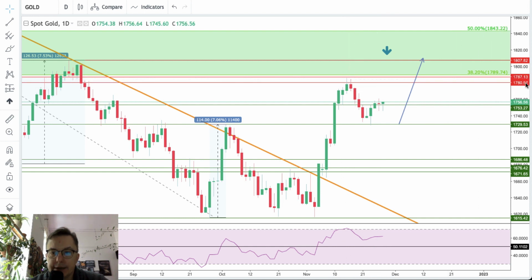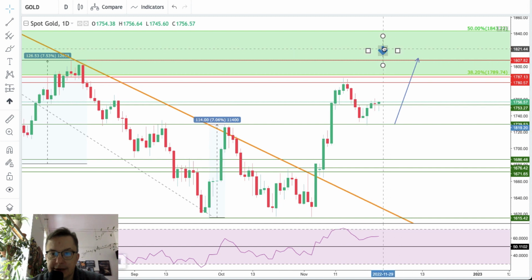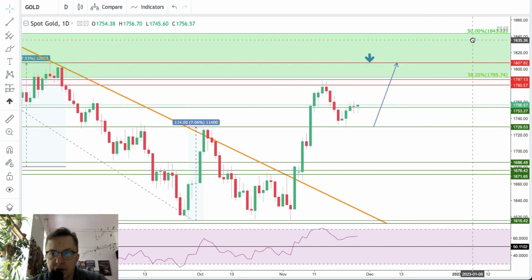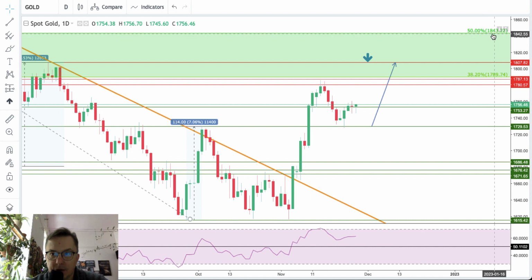There is a slight supply zone at 1,780, 1,787. It worked. The market pulled back lower, tested the technical support at 1,729, and now this is the key technical support, and we are still waiting for one last wave to the upside, targeting 38% of the Fibonacci retracement, the $1,807 high from the beginning of August, or even 50% of the Fibonacci retracement of the last wave down, located at 1,843.